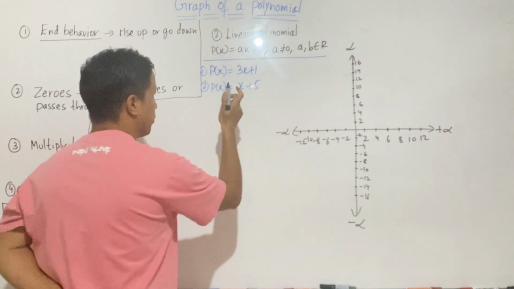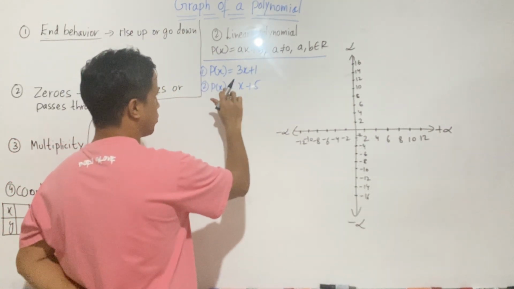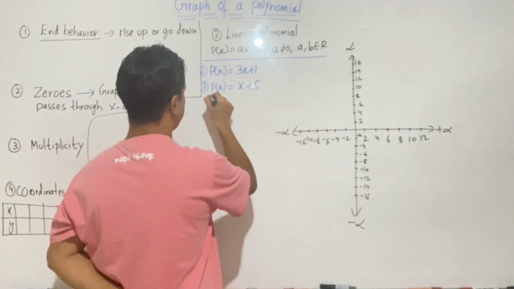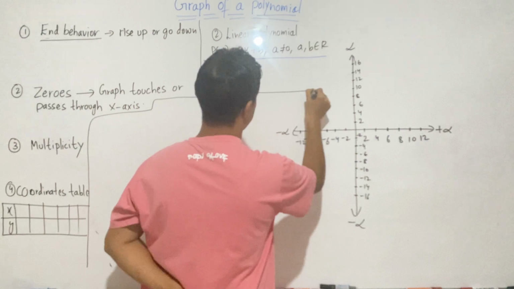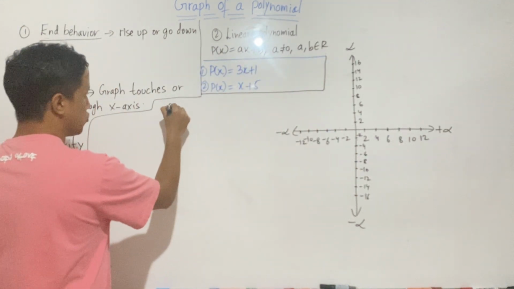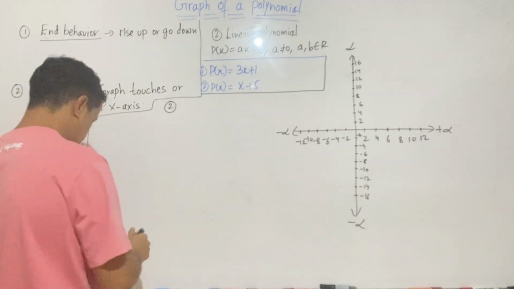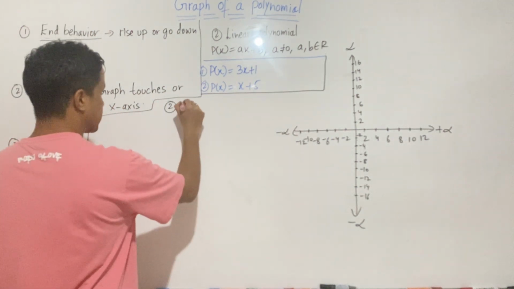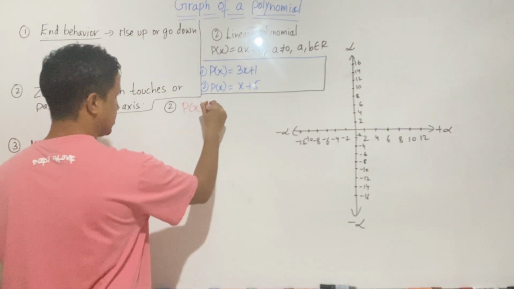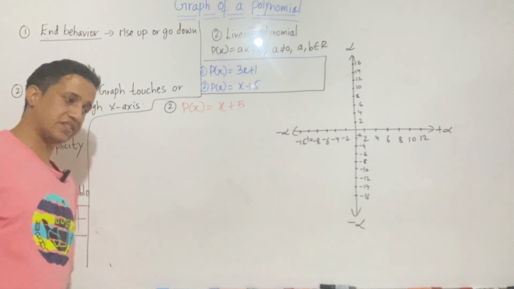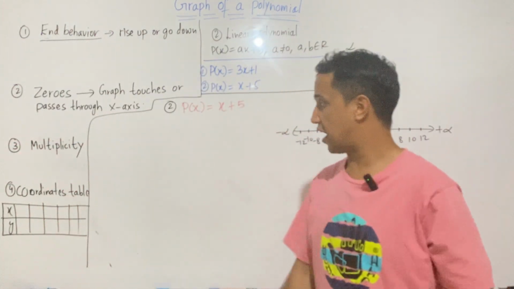Let's start with number 2 first, because number 2 is easier than number 1. So p(x) is equal to x plus 5.